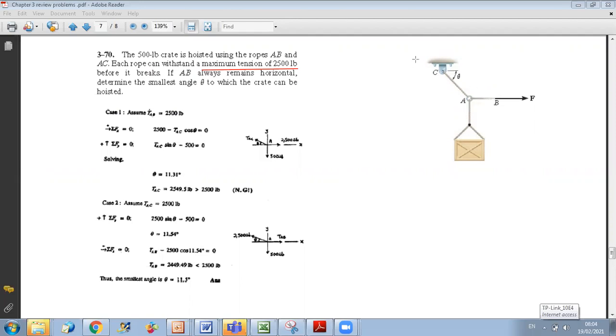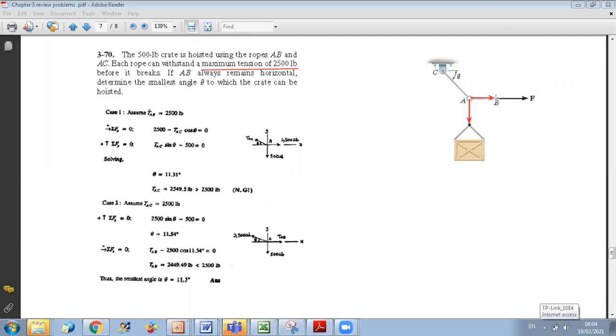So if you look at this figure, who can tell me which cable will have the highest tension if we do a small analysis? If you consider the horizontal direction, this tension does not have a projection along the horizontal. You only have TAB.